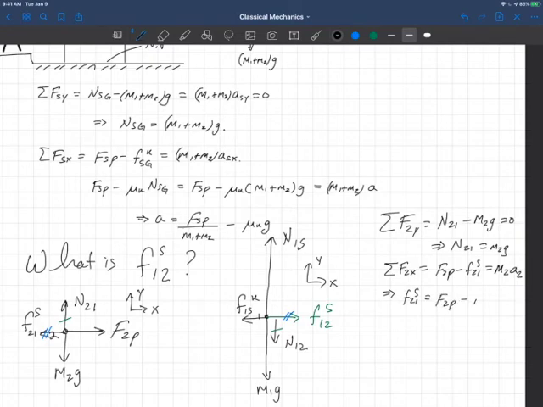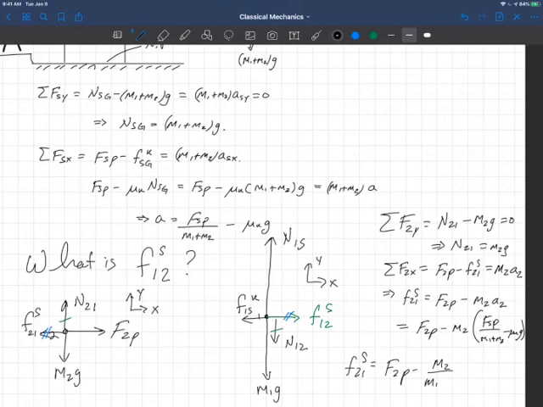F2p minus m2a2, which is going to equal F2p minus m2 times (F2p over m1 plus m2 minus mu k g). All right, so I'll try to write that a little bit more clearly. F21s is F2p minus, I'm going to write it as a ratio. We're going to learn that ratios are super important to us.